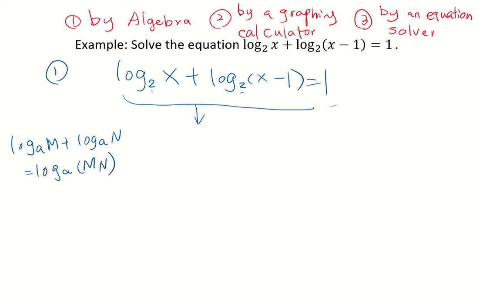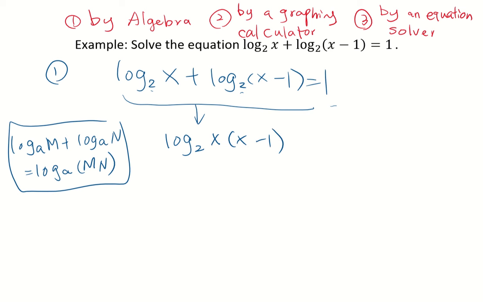Okay, so using this property, I'm going to combine those two logs into one log. Log with base 2 of, I'm going to multiply the two arguments together: x times x minus 1 equals 1. Now we have a log equal to a number.